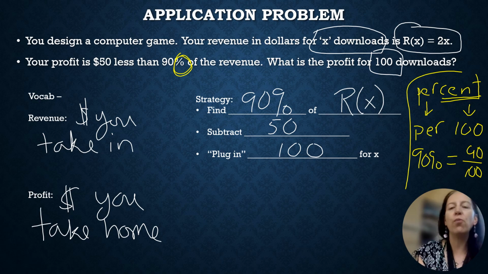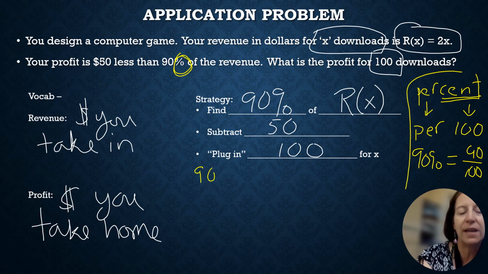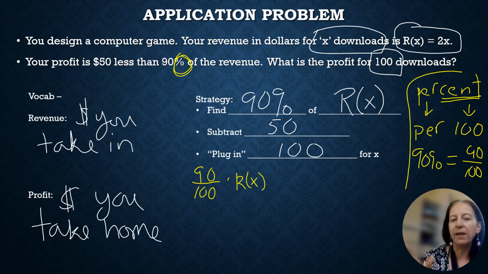So if you want to find 90% of the revenue, you would take 90%, which is 90 over 100, and multiply that by your revenue. Now, I'm going to try to simplify this a little bit. 90 over 100 is not the friendliest fraction.